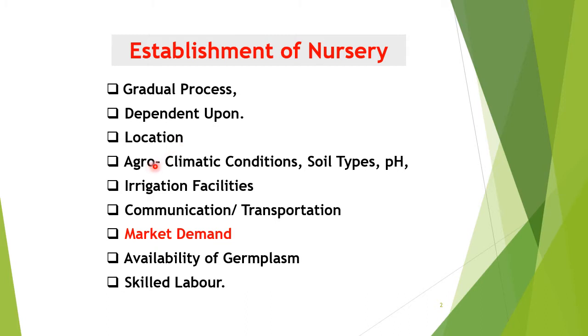It's dependent upon the agroclimatic conditions, the soil type, pH of the soil, irrigation facilities in the area, communication and transportation facilities, and the market demand, availability of germplasm, and skilled labor. So when you establish a nursery, it cannot be done quickly. It's a gradual process, and you have to have these things which are very important for the establishment of the nursery.